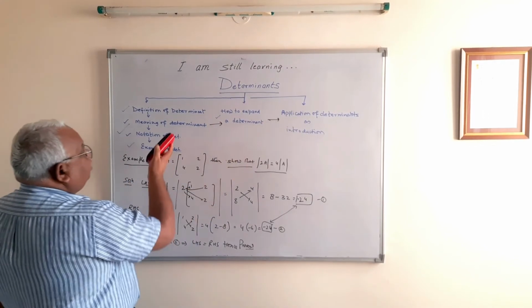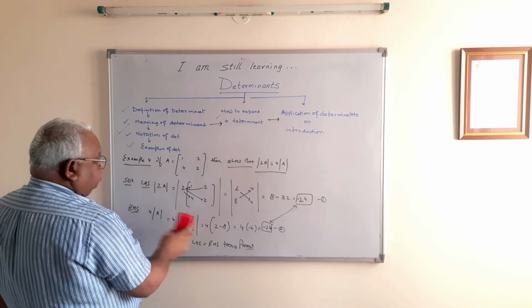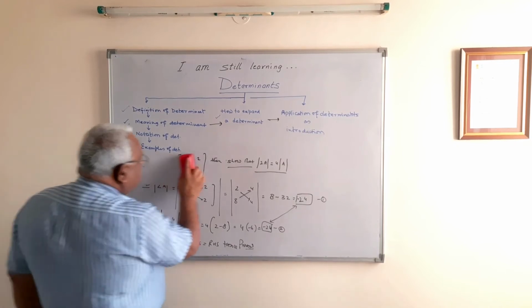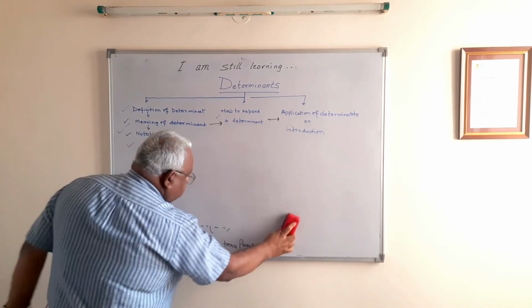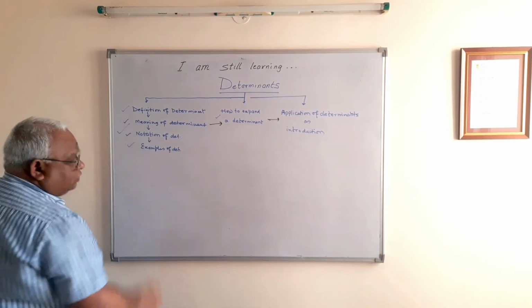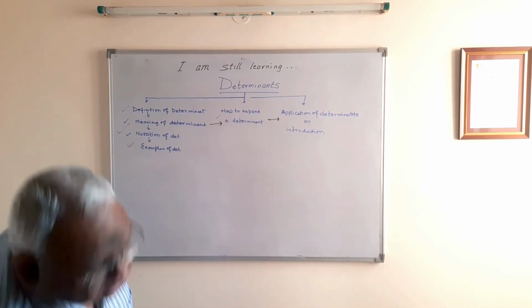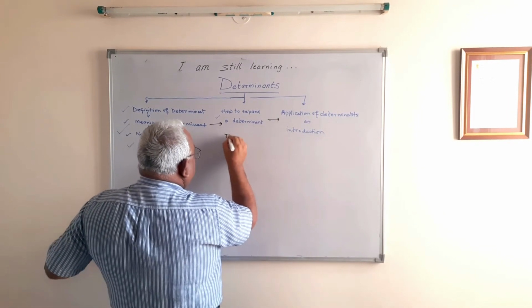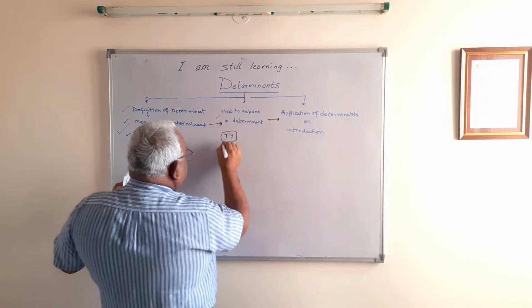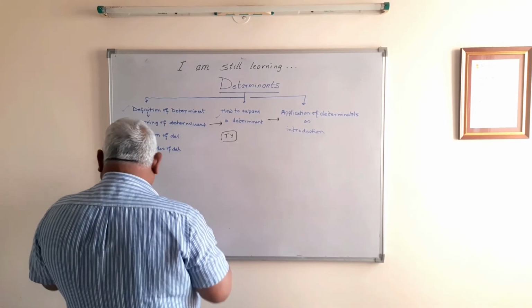This finishes your things related to the first basic introduction of determinants. So there is another try yourself, right? So what is that? Try yourself.